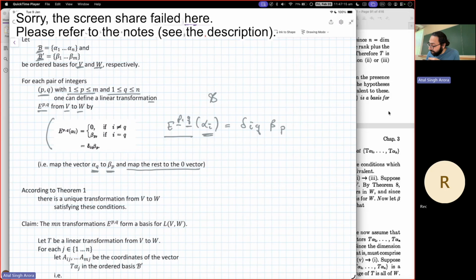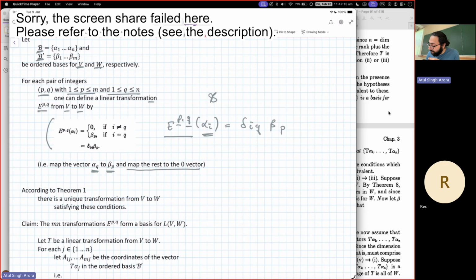And now what is this object? This object is T alpha J. So if you look at equation 3.1, this was exactly how we said the action of TJ is.